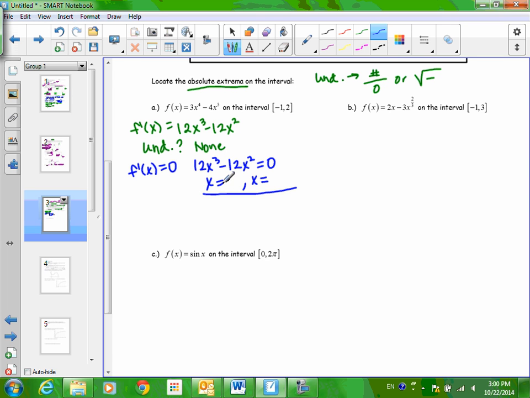What did you guys factor out? 12x squared, and so what are you getting for your x's? 0 and 1. Good thing too, because those tend to be easy numbers to plug in.